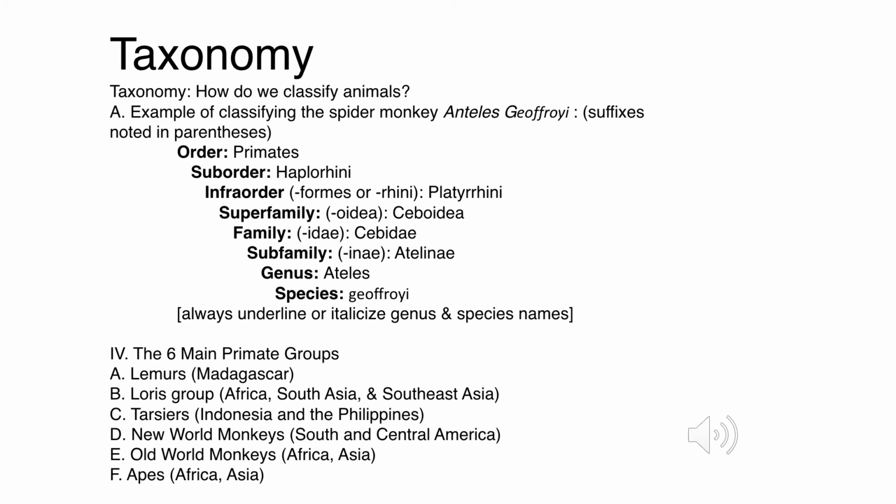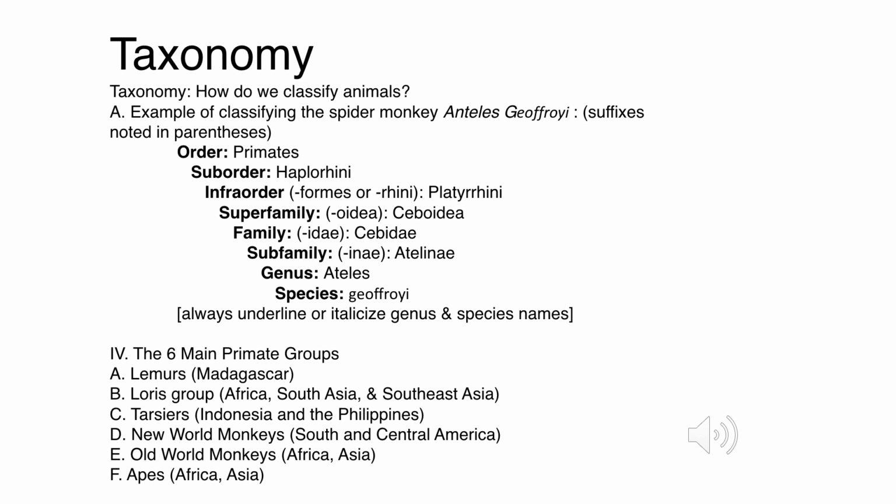Find those Haplorhini. Now we're going to move over to our infraorder. You'll find a few different options. We're looking for our Platyrrhini. So move over to the Platyrrhini. Again, everything below Platyrrhini is where we're looking.